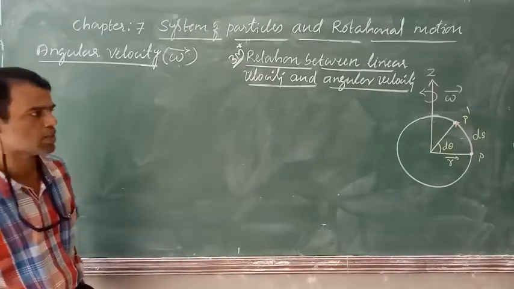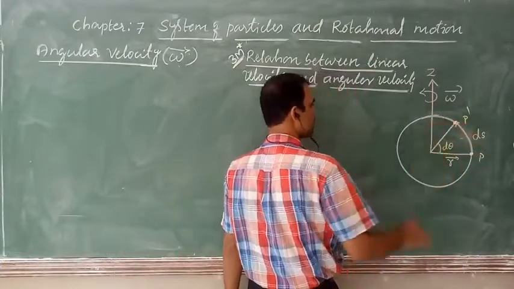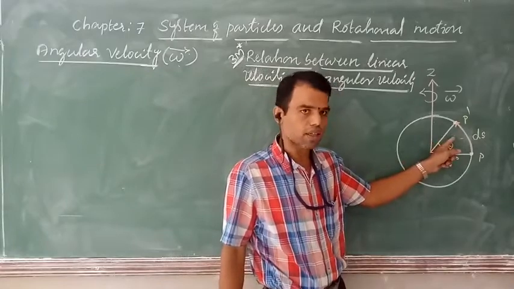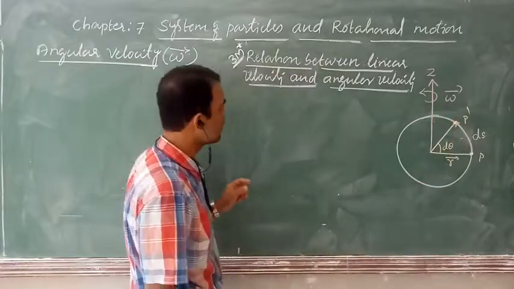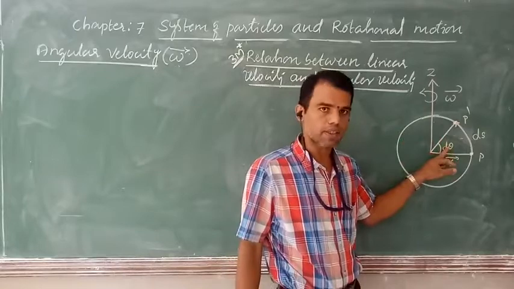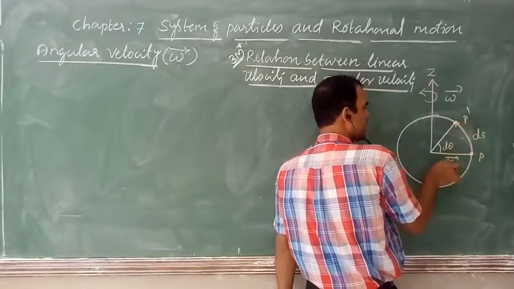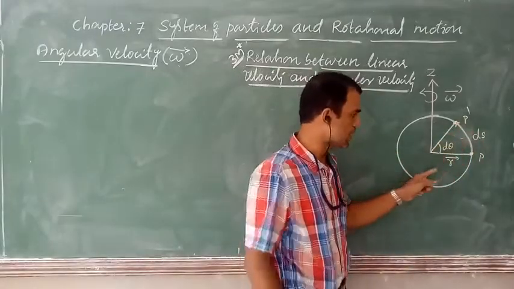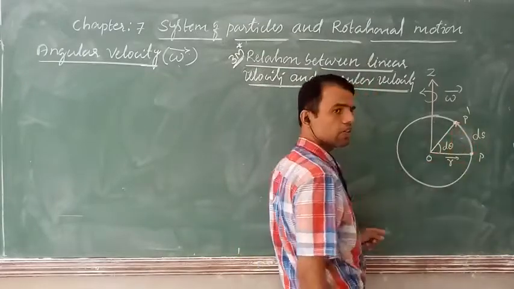But in case of rotational motion, when a particle moves from one point to another by describing a circle with respect to an axis of rotation, we define the displacement as angular displacement. Angular displacement is the angle swept by the radius vector in a given time.